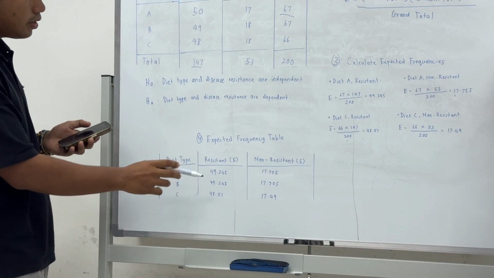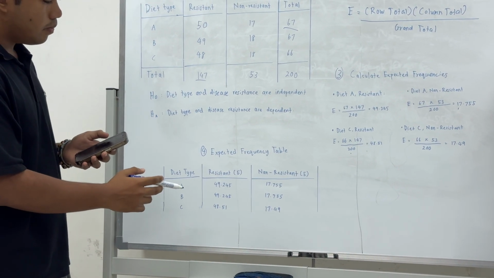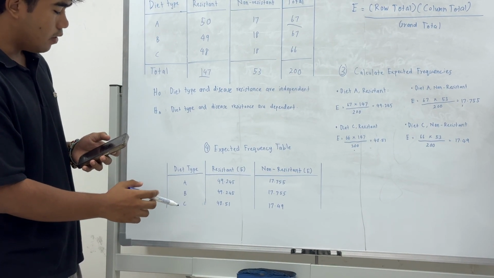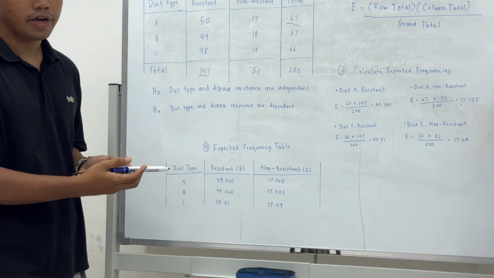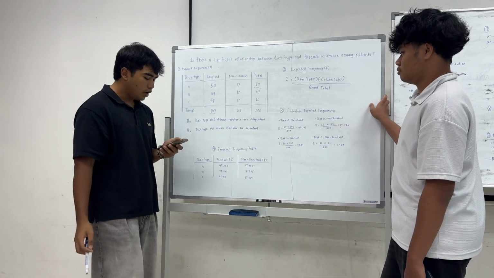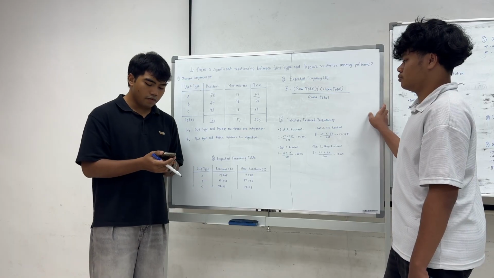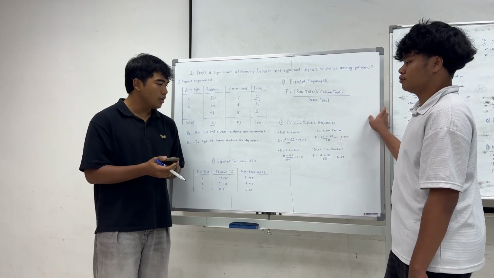For the non-resistant, A is 17.755, B equals A, and for C is 17.49. So all expected frequencies are greater than 5. Therefore, the assumptions of the chi-square test of independence are satisfied.